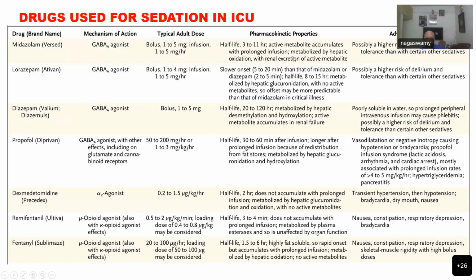Of course, the half-life is prolonged with longer infusions because of redistribution to fat stores, and it is metabolized by hepatic glucuronidation and hydroxylation. The unwanted side effects are its vasodilatory property, which causes negative inotropy, and faster infusions are definitely associated with hypotension and bradycardia.